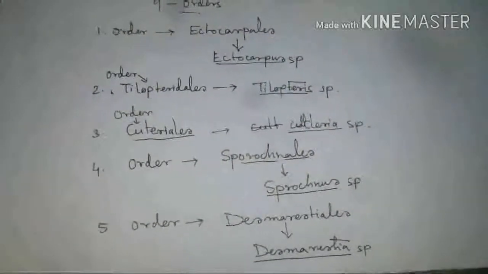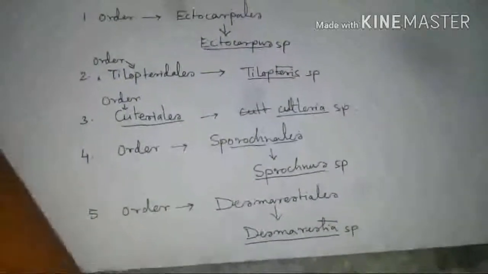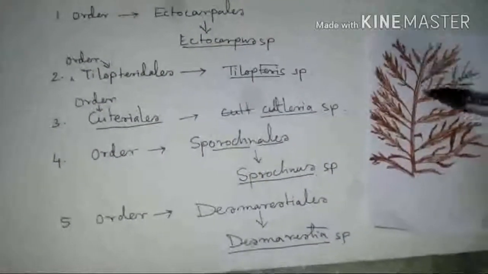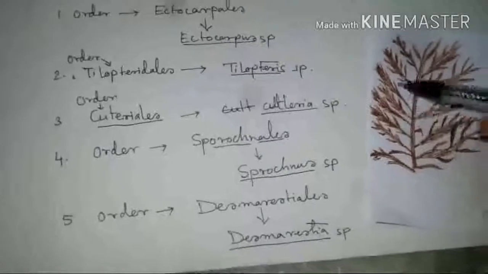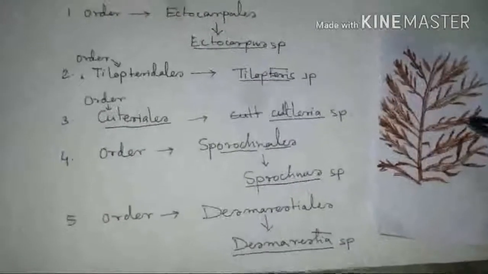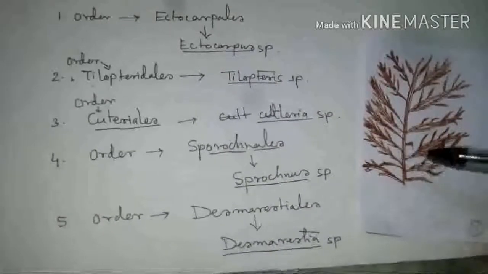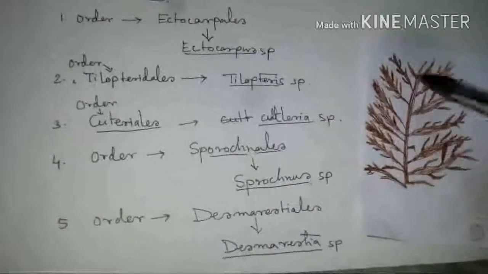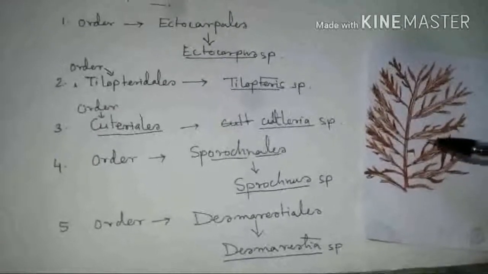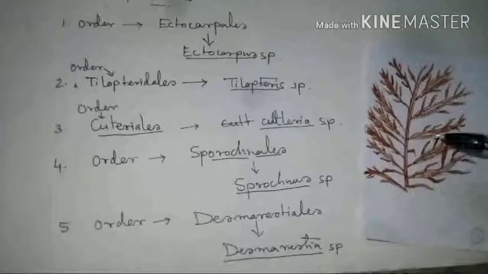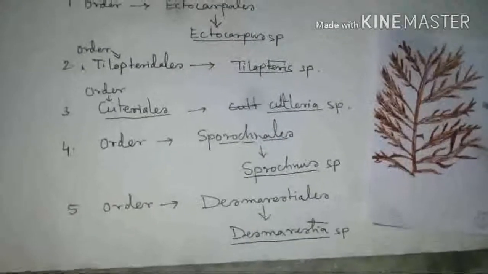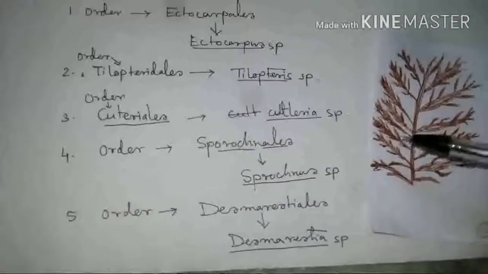Here the algae's main branch produces many branches, and it may be an annual or perennial alga, and the annual genus contains sulfuric acid in its vacuole, which helps to protect it from other harmful seaweeds. So this is a Desmarestia algae.